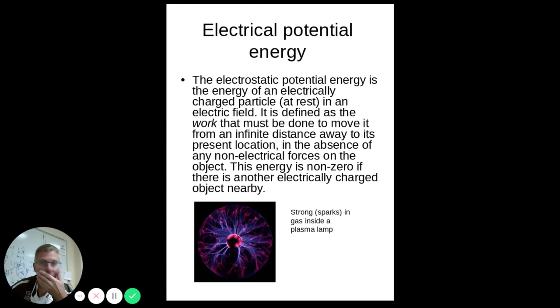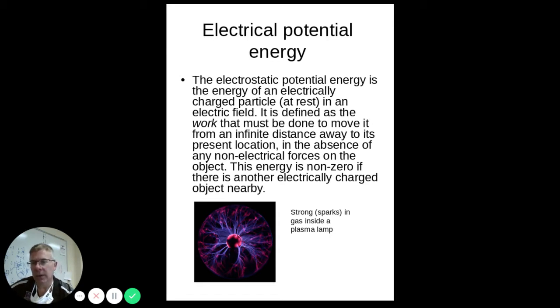Electrical potential energy. The electrostatic potential energy is the energy of an electrically charged particle at rest in an electric field. It's defined as the work that must be done to move it from an infinite distance away to its present location in the absence of any non-electrical forces on the object. The energy is non-zero if there's another electrically charged object nearby.